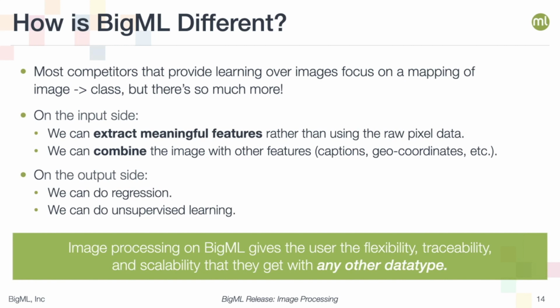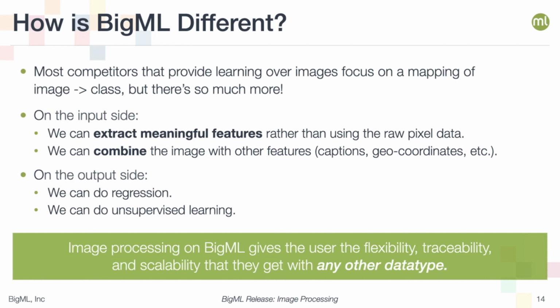First of all, if you have a problem other than just putting labels on an image, we can solve that problem too. We can do regression, we can do unsupervised learning, and we do this by extracting meaningful features from the data at a different level than a convolutional neural network does.